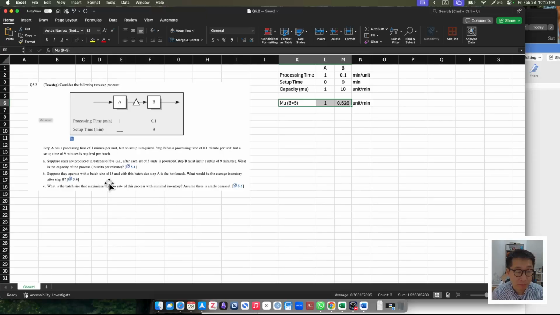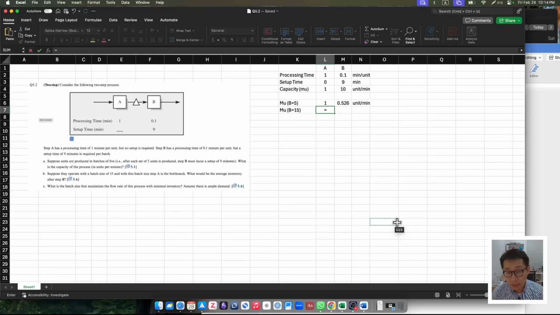Let's take a look at the second problem. Suppose they operate a batch of 15, and with this batch size, step A is the bottleneck. So I'm going to do a similar thing again. You're more than welcome to pause my video and try to do this yourself. Understandably, A is still going to be 1.